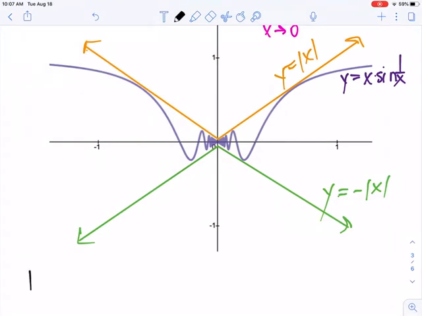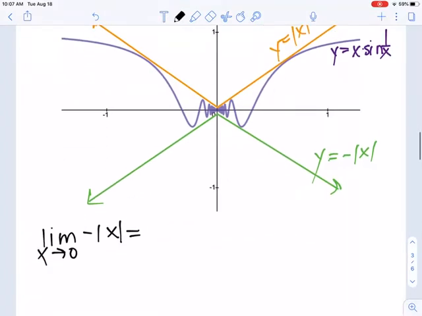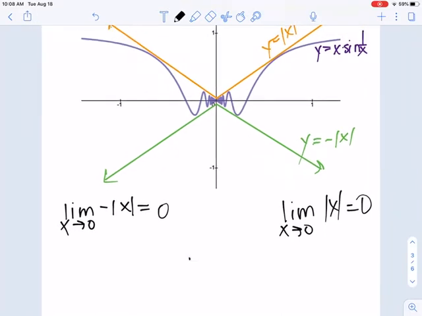So let's think about these. What do we know about the limit as x approaches 0 of negative absolute value of x? We know that it's 0. What do we know about the limit as x approaches 0 of absolute value of x? We know that it's 0.